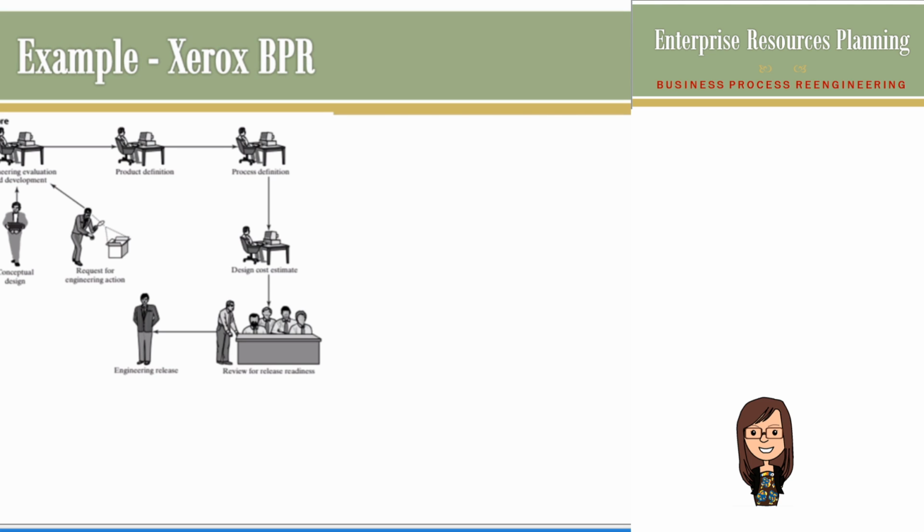So this is the example, the BPR for the Xerox company. Previously, it would start from a request for engineering action, a request for some changes. The person here needs to check what changes are needed.